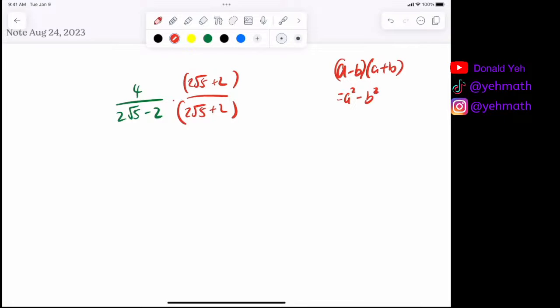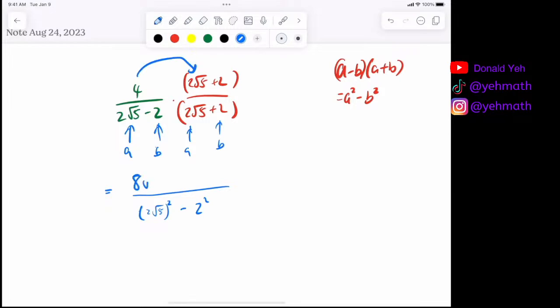And the nice thing is the conjugate of 2 square root of 5 minus 2 gives a difference of squares, because you can treat this as a plus b and this as a minus b. Now I don't have the distribution. I can just do 2 square root of 5 squared minus 2 squared. And this one's going to distribute the top. So it's going to be outside times outside, which is 8 root 5 plus 8.